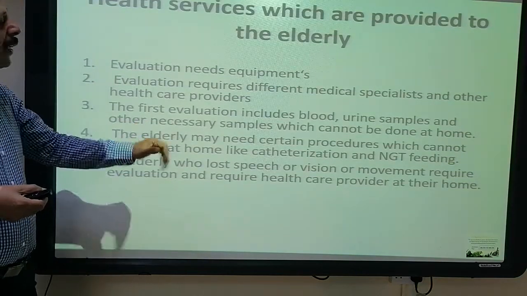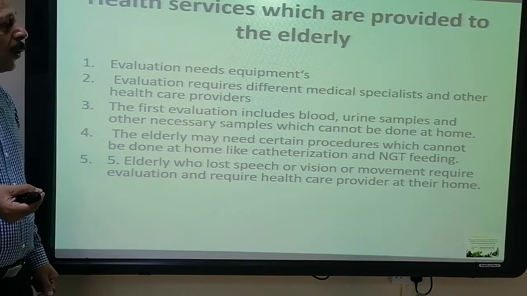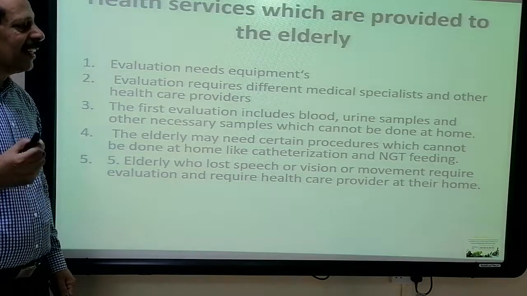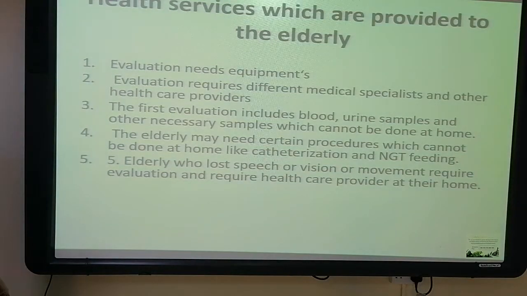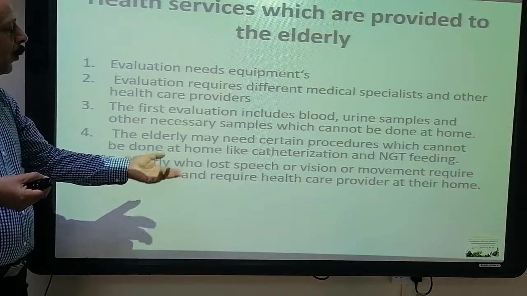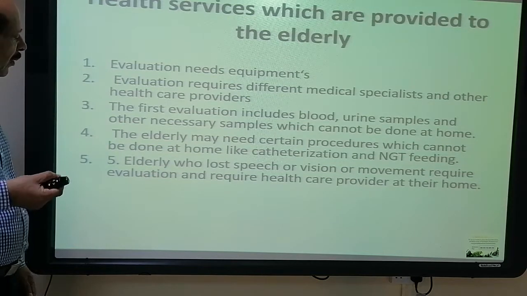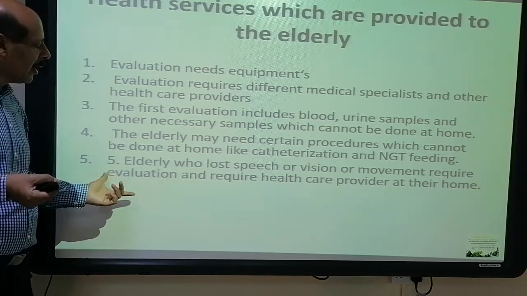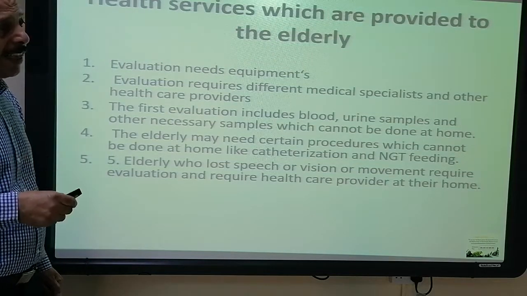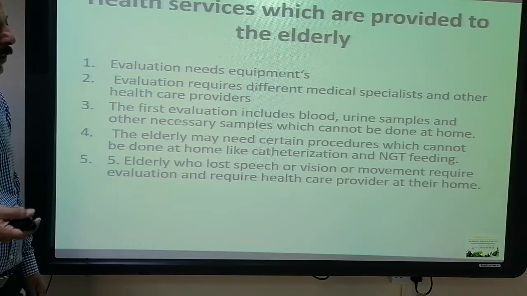The elderly may need certain procedures which cannot be done at home, like catheterization and nasogastric tube insertion and feeding. Elderly who have lost speech, vision or movement also require evaluation and a healthcare provider at their home to be with them for 24 hours.